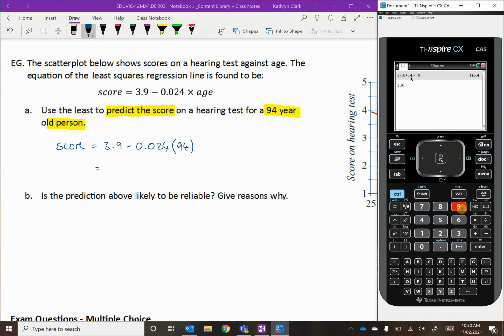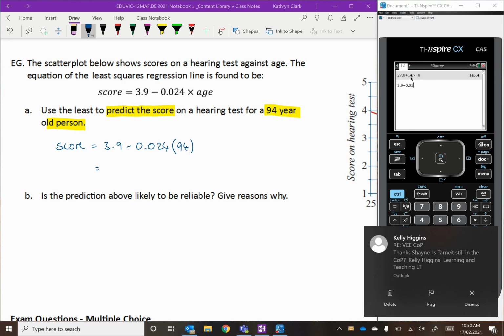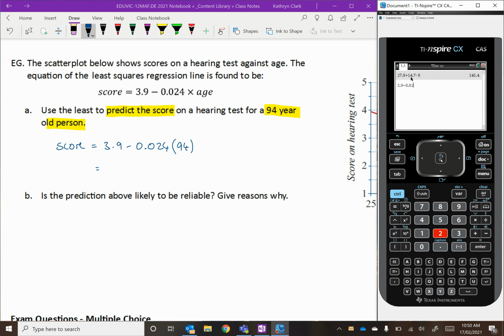So 3.9 minus 0.024 times by 94 equals, so we get 1.644. All right, we've made our prediction.